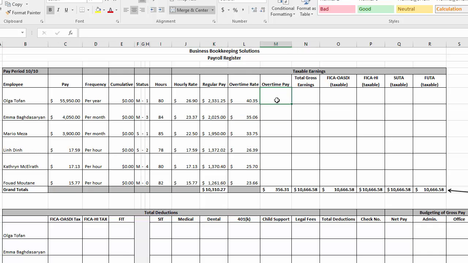Okay, and then to calculate overtime pay, we're just going to say equals, well, we don't have to calculate overtime pay for this person because she has no overtime hours. So for this person, Emma, she's got 4 hours of overtime, so equals 4 times this gives us 140.24.